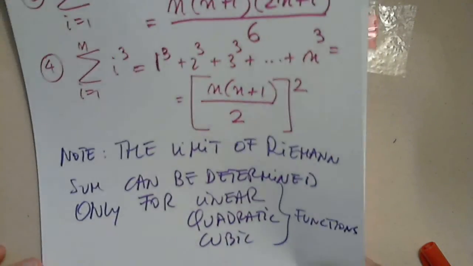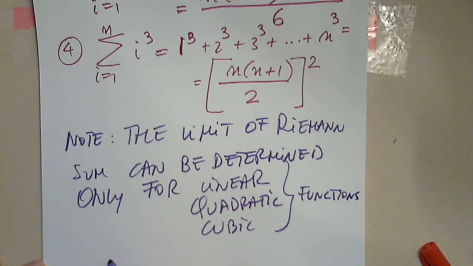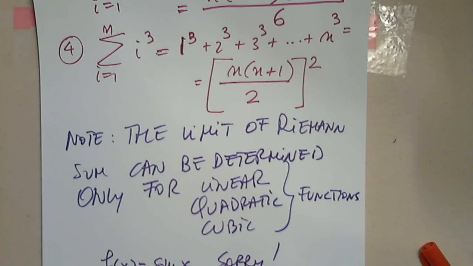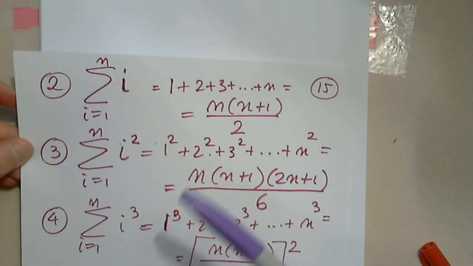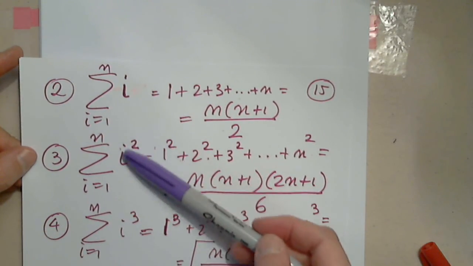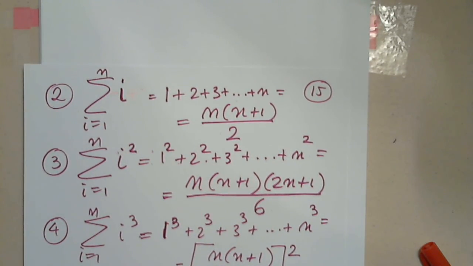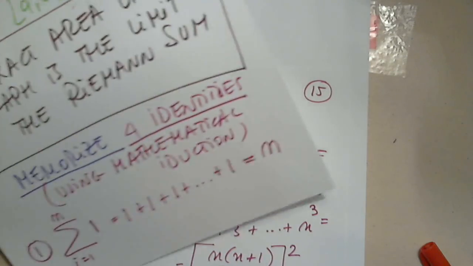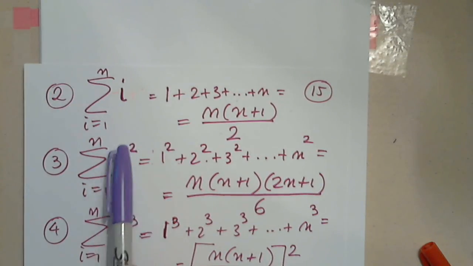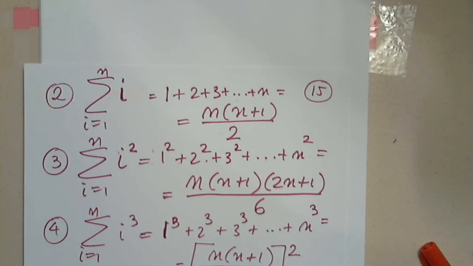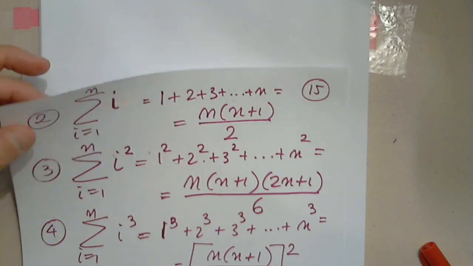If you ask me, find the limit of the Riemann sum for f of x equals sine x, I'll say sorry, I can't, because I only have these 4 identities to work with. So, nothing else.